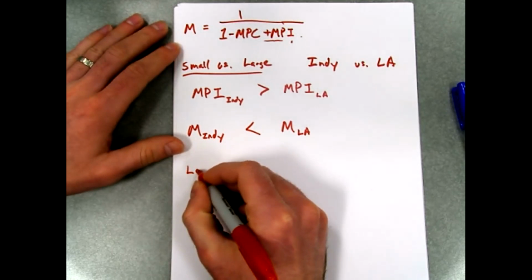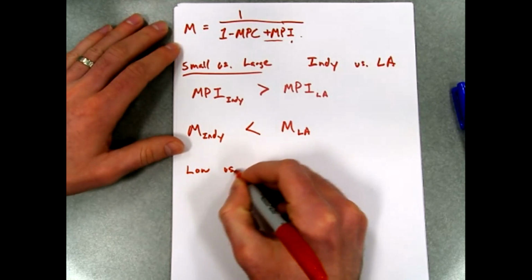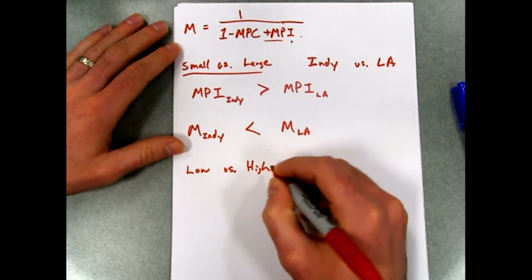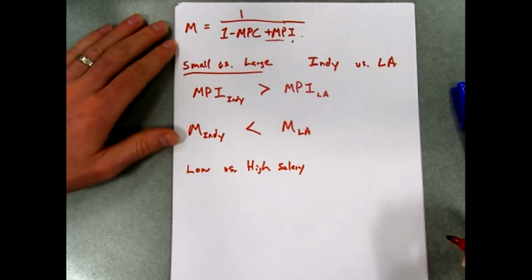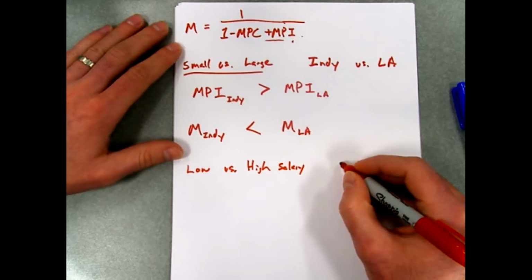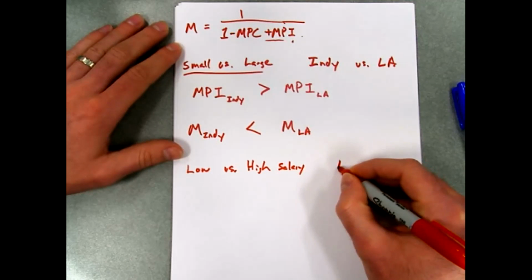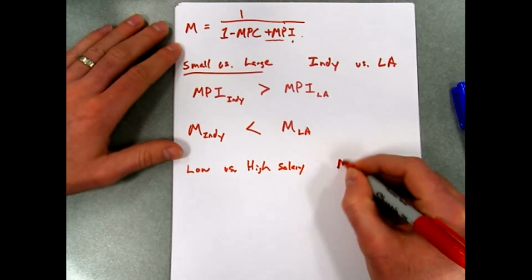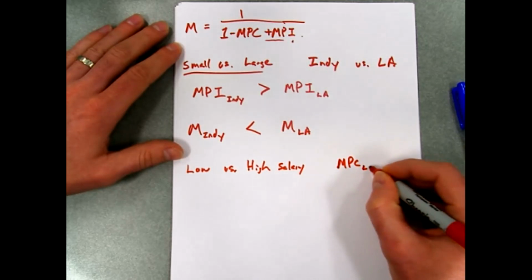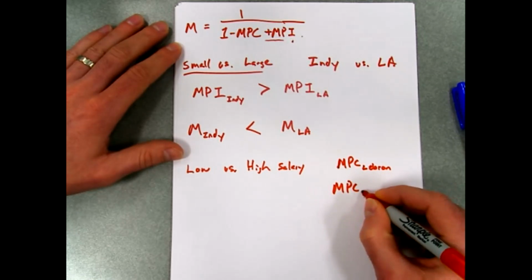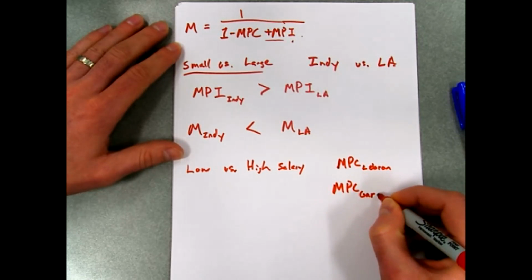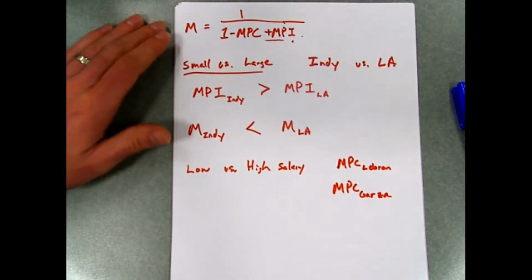What if we think about, and I'm not necessarily sure, I'm actually going to just throw this out there. I wasn't sure what example I'd go with. So low versus high salary players, right? The marginal propensity to consume for, let's do LeBron James, and the marginal propensity to consume for, I'll pick on Luke Garza right now, just because I heard something about him in the news.